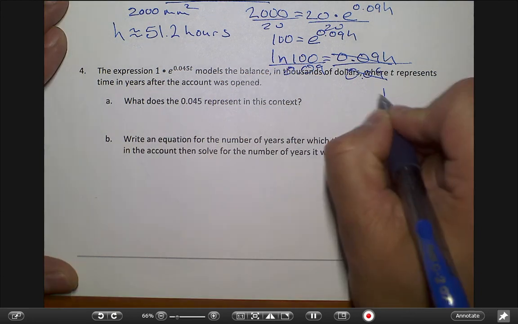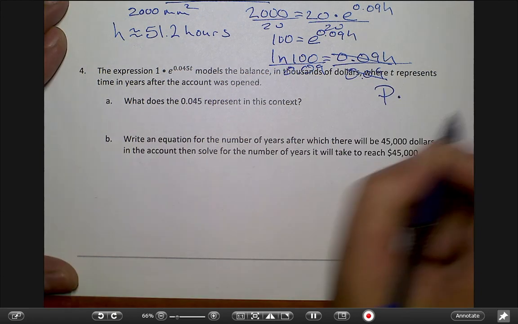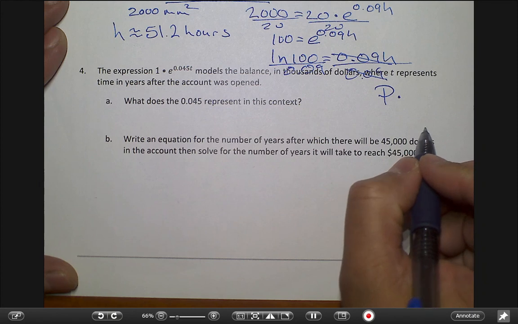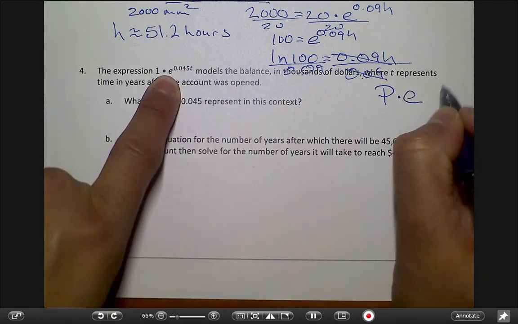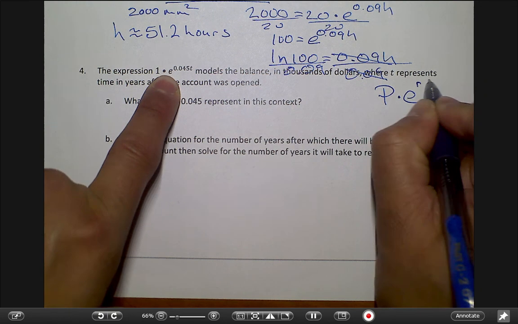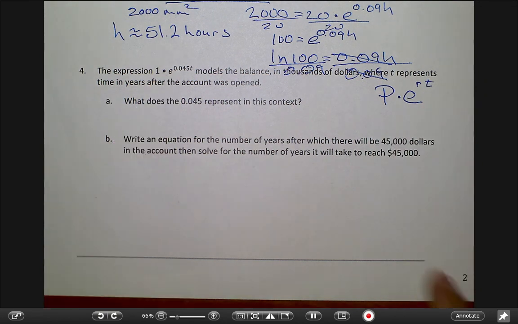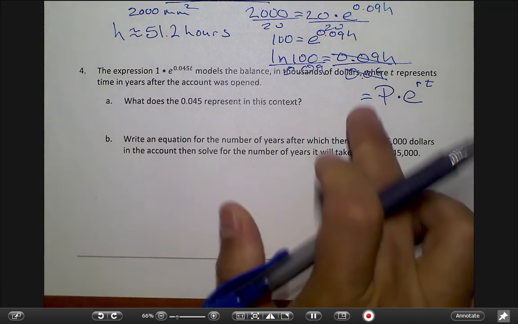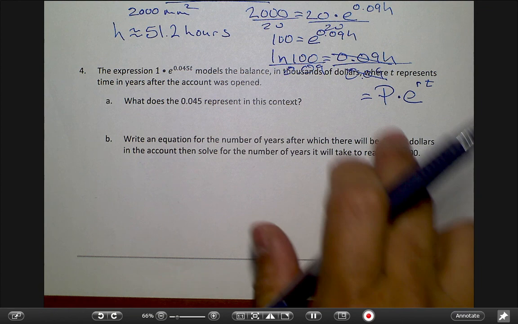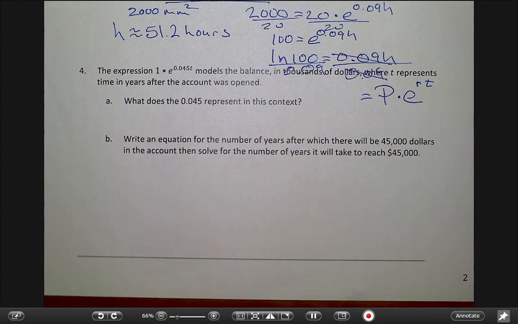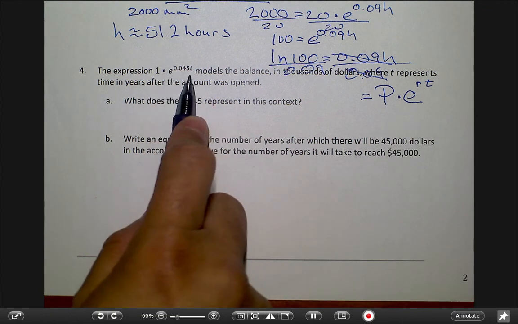So it's going to be P times e raised to the rt. This is the formula that we're using for this because that's what it gave us here.